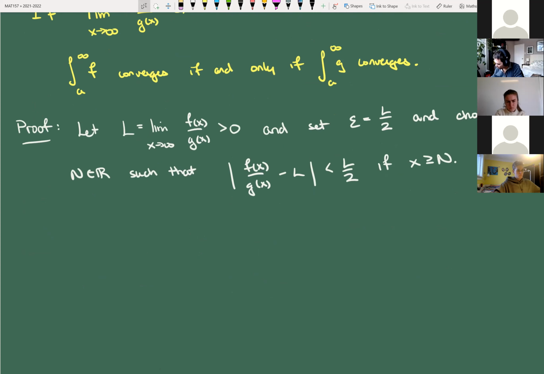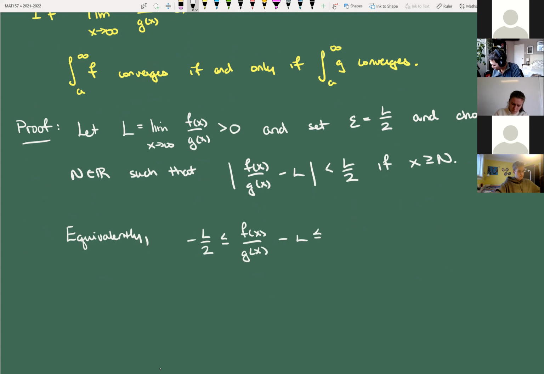Okay, so I'm going to take the f of x divided by g of x minus L. So I'm going to say equivalently, we're going to have, actually, let me just do the math, because I think it's pretty easy to get confused at this part.